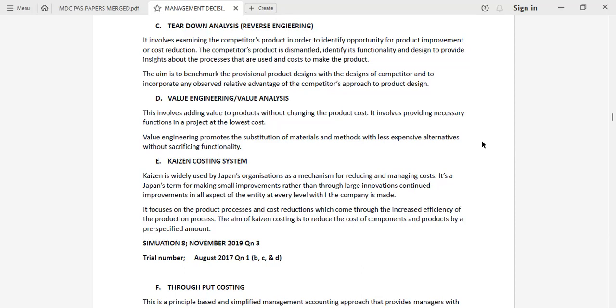You look at the competitor's product and identify all the ingredients within the product. After doing that, you go the extra mile and look at additional features that you can put in to make sure your product looks different from that of the competitor you are copying. So teardown analysis does not stop at just copying what the competitor is doing.